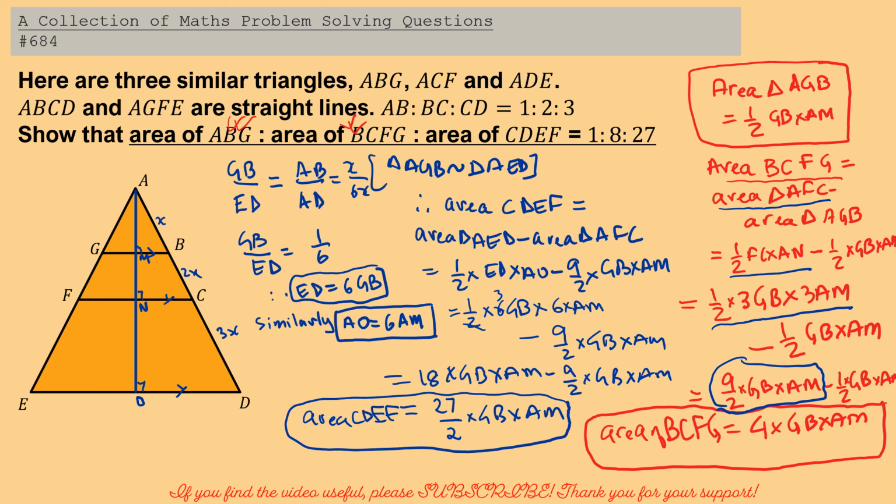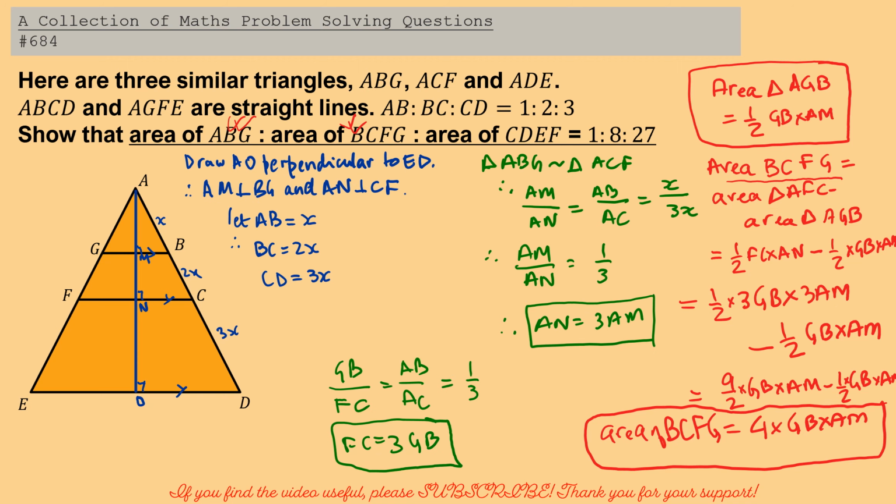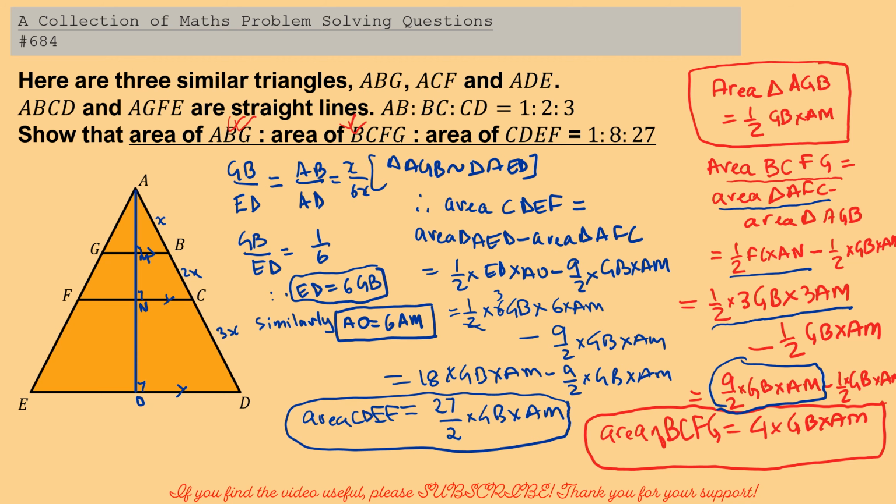So now that we have got the 3 areas, we need to work out the ratios, right? So that shouldn't be too hard. So we are going to work out the ratios now.